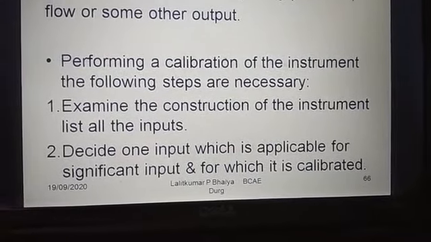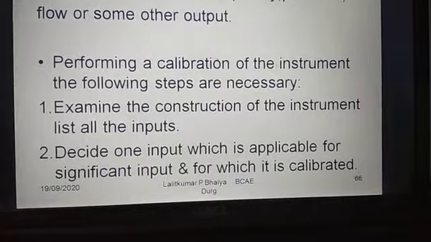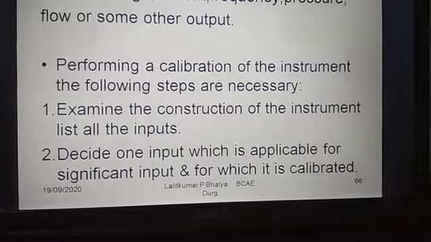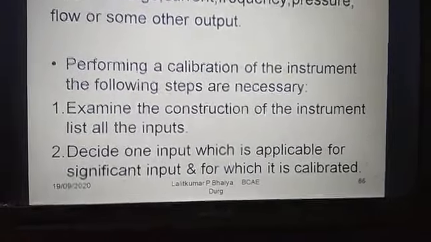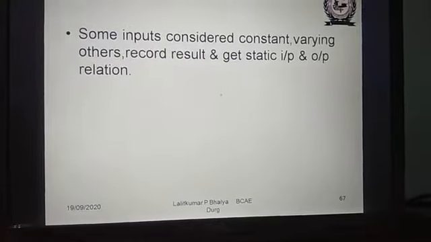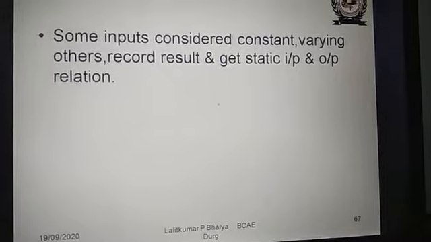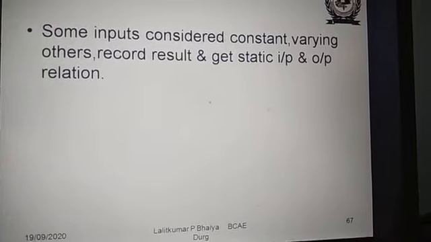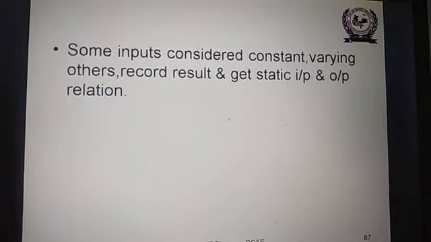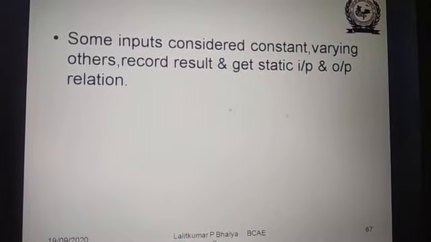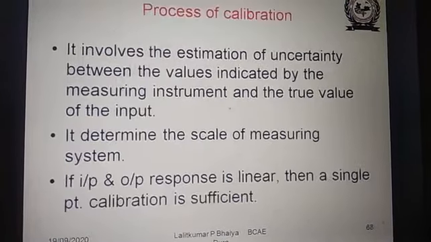Second, decide which input is significant and for which the instrument is to be calibrated. Some inputs are considered constant, others varying. Then record the result and get the static input and output relation.